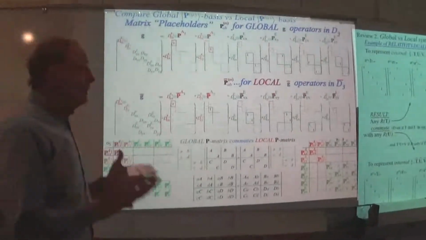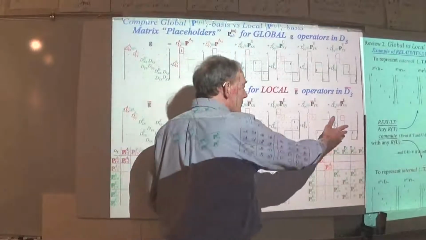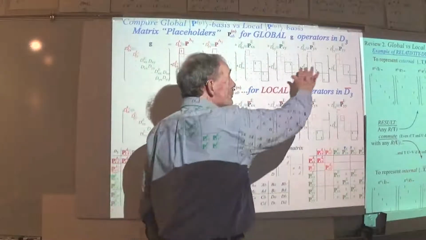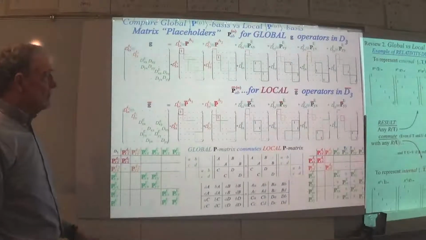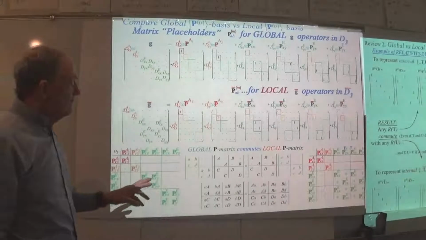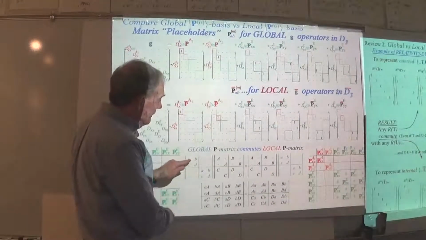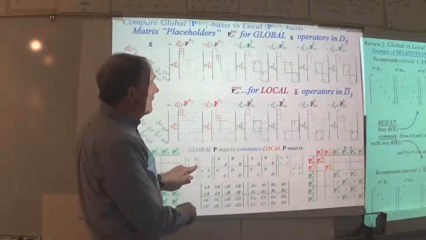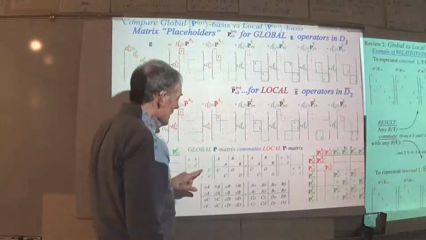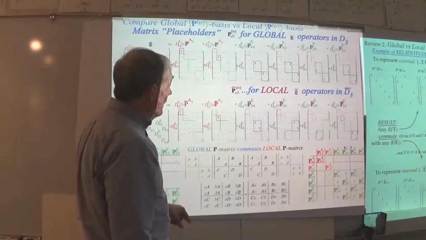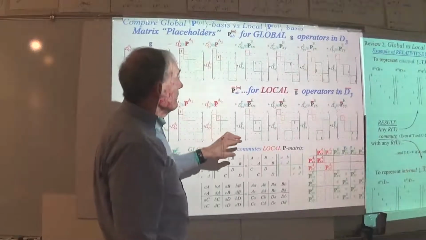Now's when you get to see why it is that everything you make in the local department commutes with everything that you make in the global department. This is where you get to see that. Because look what's happening here. When I take a matrix that has the blocks filled up, A, B, C, D, like this one does here, these guys right here are a little bit different, you see.